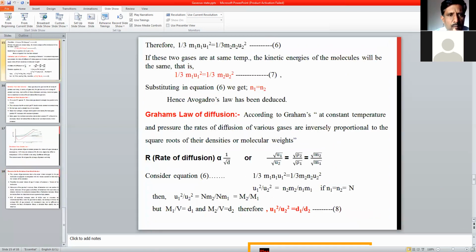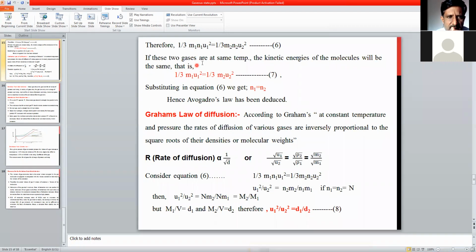Therefore, now 1 upon 3 m1 N1 u1 square is equal to 1 upon 3 m2 N2 u2 square. Both are at equal volume and equal pressure. That's why I have written this as equation number 5 into 6.